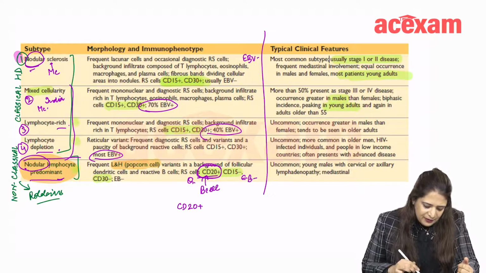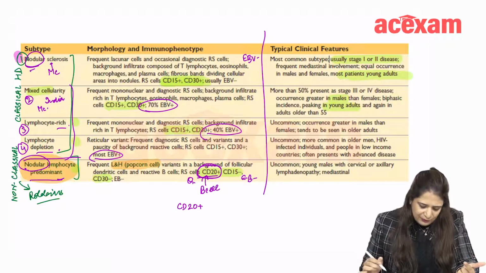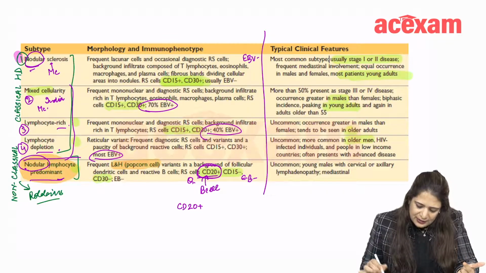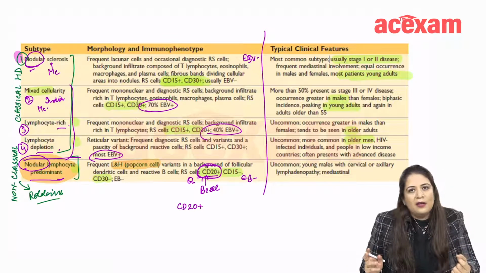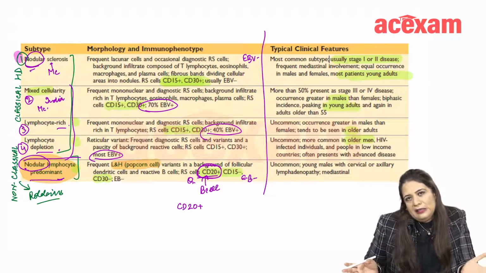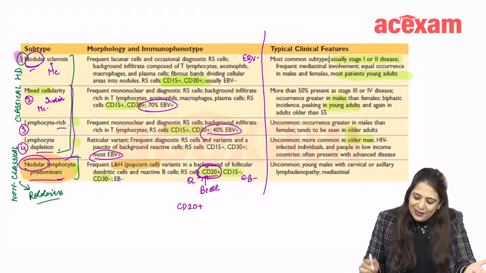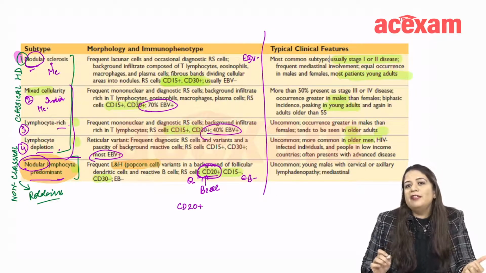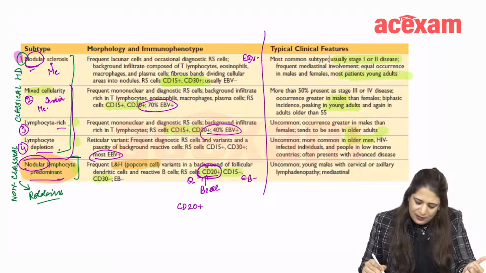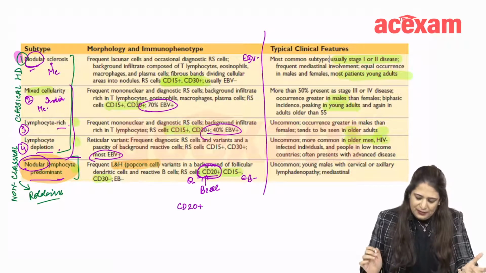The rest three variants are relatively uncommon, and you should just know that lymphocyte rich and lymphocyte depleted both are seen in older individuals, right? So whether you are rich or depleted of the resources, it doesn't really matter if you are old, because you can't enjoy. So older individuals. And HIV association is seen more commonly with the lymphocyte depleted variants.